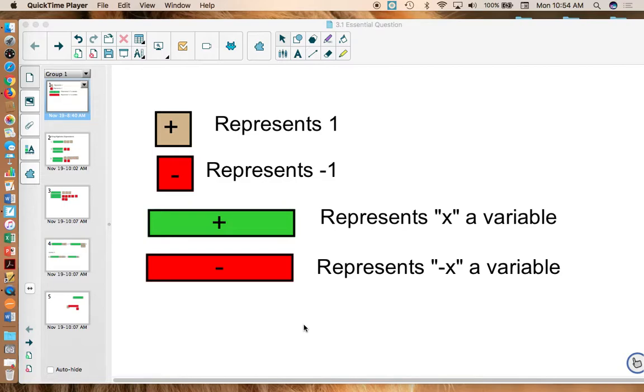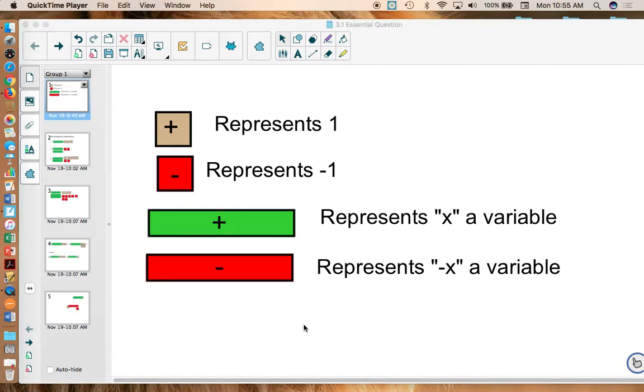Either your account's in the red, or you're in the hole. It didn't mean that you were actually in a hole, but figuratively, financially, you were in a hole. So that's what these stand for, the x squared, positive, and negative. And I believe the top of page 47 gives you the same breakdown as what I've got here.